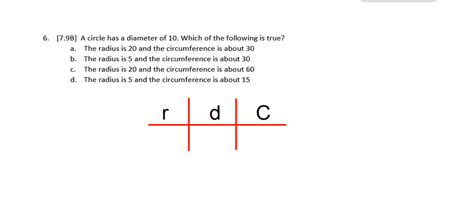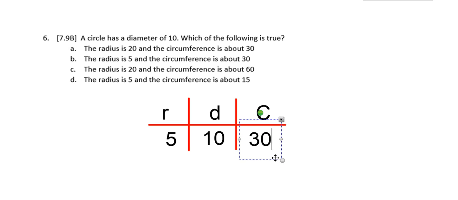Number 6, I made a quick table for you. And it says the diameter is 10. Put 10 in there. And it's asking what is true. Well, if the diameter is 10, the radius would be half of that. So the radius would be 5. And then the circumference would be about 3 times as big, even a little bit bigger than that, so about 30.